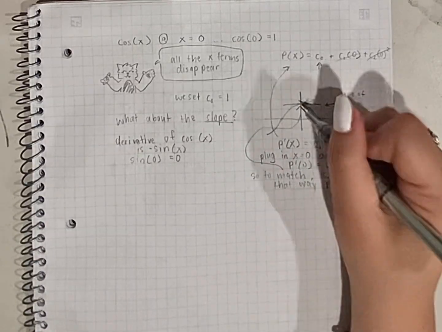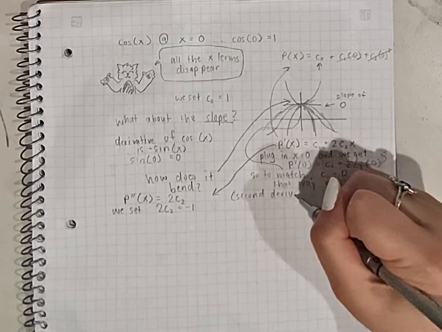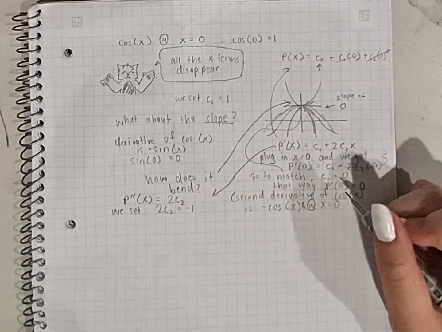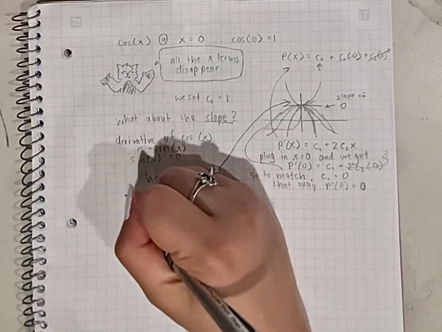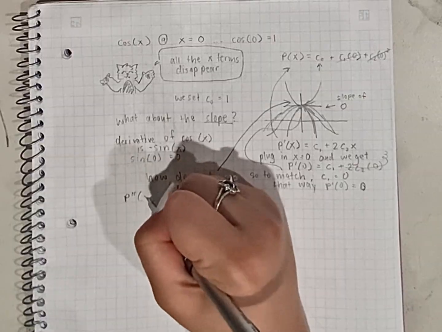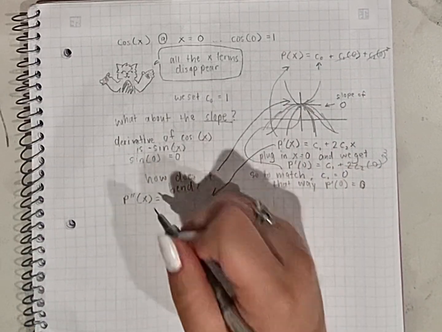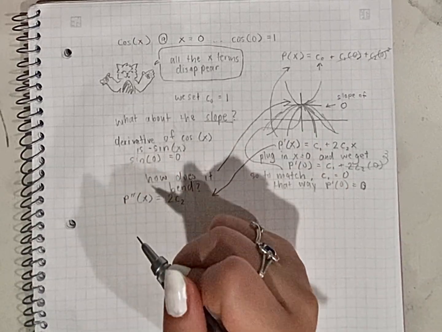Finally, let's capture how the curve bends. This is where the second derivative comes in. The second derivative of cosine x is negative cosine x, and at x equals 0, that equals negative 1. That means cosine is curving downward at this point. Let's compute the second derivative of our polynomial. P double prime of x equals 2c2.